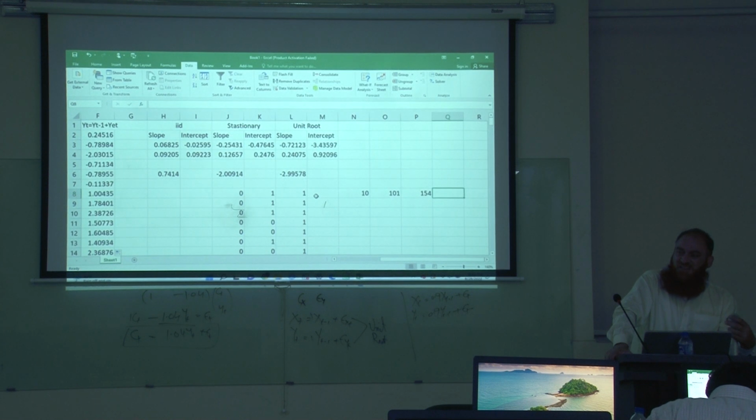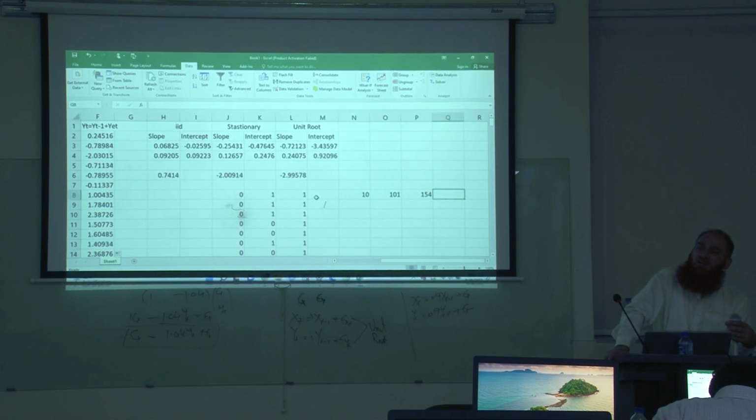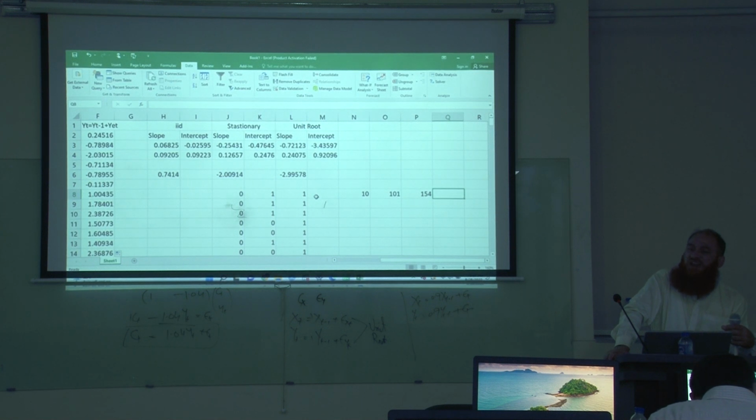In the second case, it's also at the 5% significance level, so we should see only 10 significant regressions, but actually how many regressions are significant? 101. This is 50%. And then in the last column, we have 154 regressions which are significant, and this is roughly close to 80%.